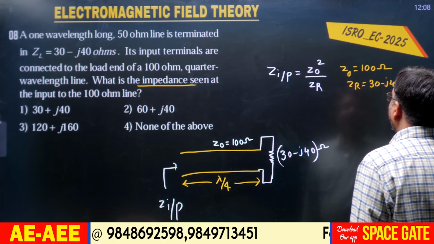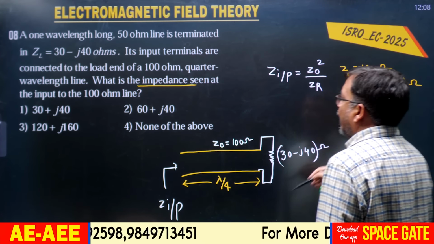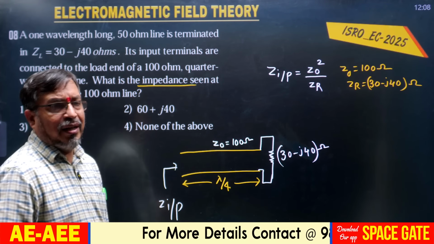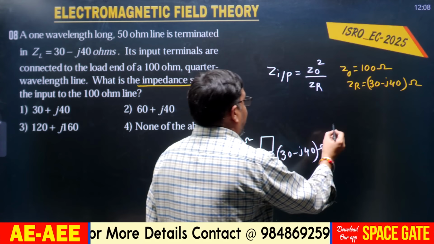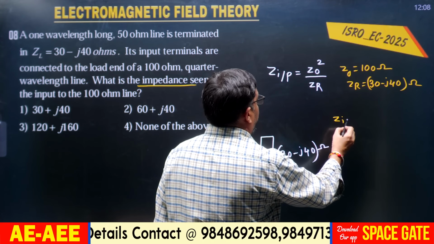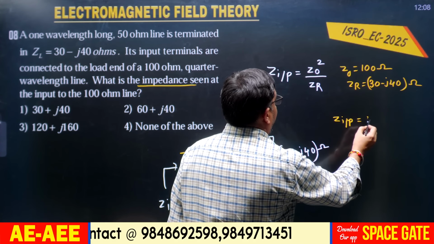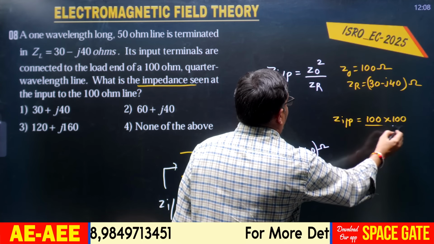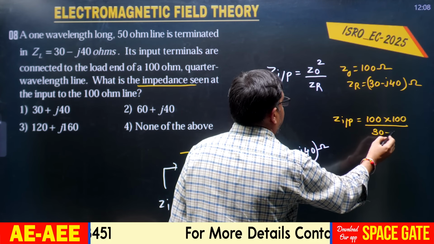This is the data given. It is asking for the input impedance of this lambda by 4 transmission line, students. So I am writing Z input equals 100 into 100 divided by 30 minus J40.